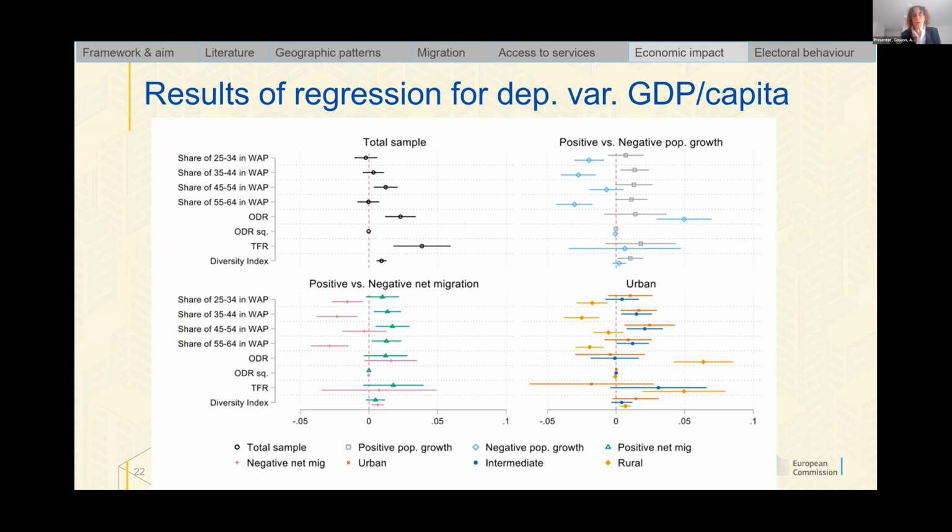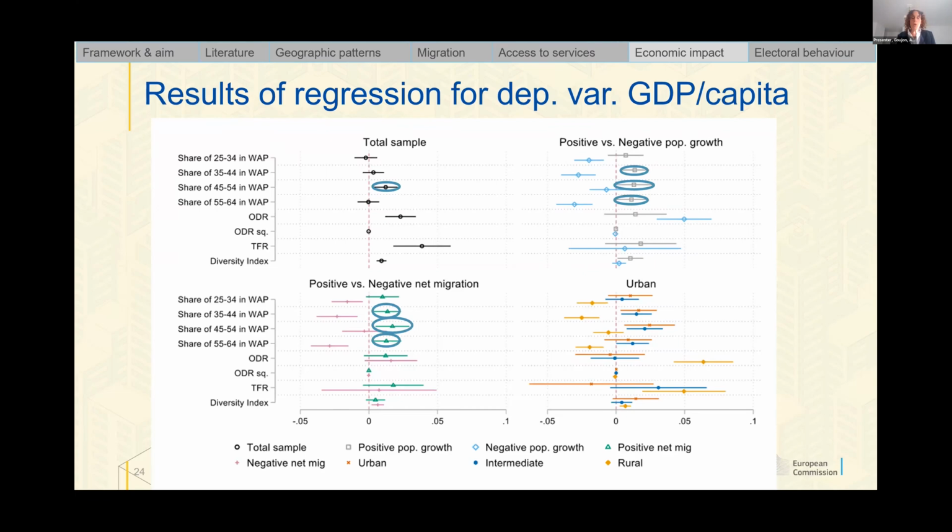So on this graph, the marker shows the estimated coefficient, and the horizontal line shows the confidence interval. What we see here is that regions with a higher share of population age 45-54 in the working age population in the total sample seem to have a higher GDP per capita.